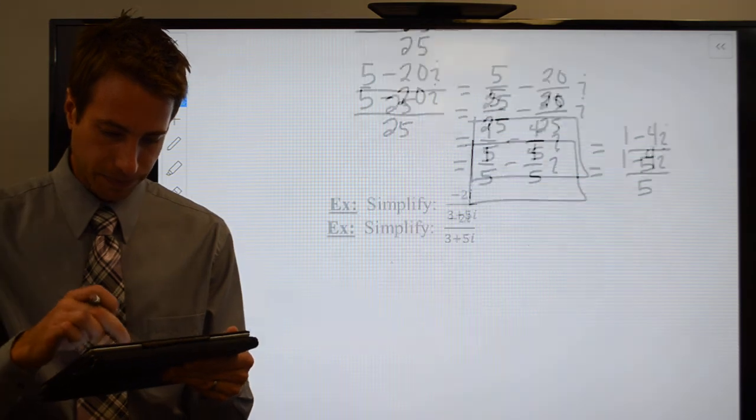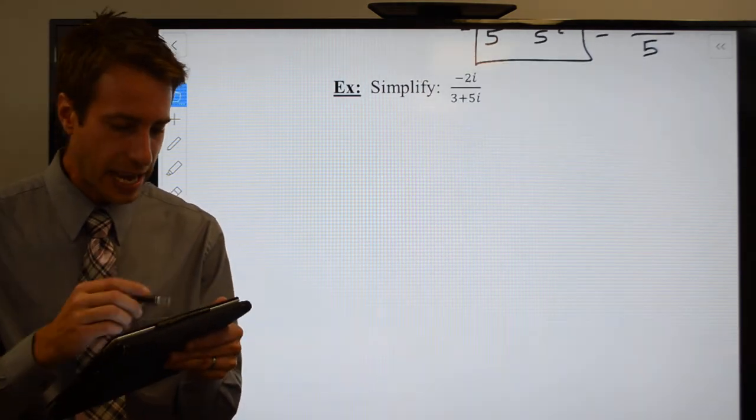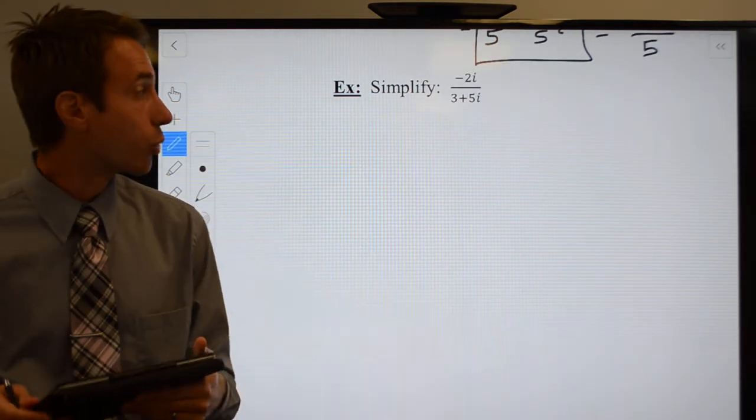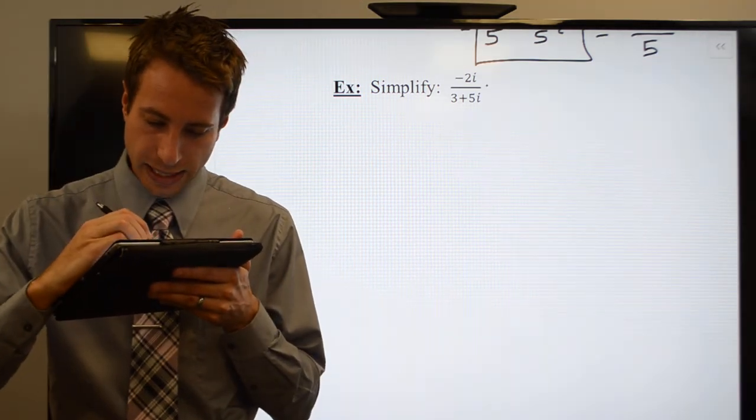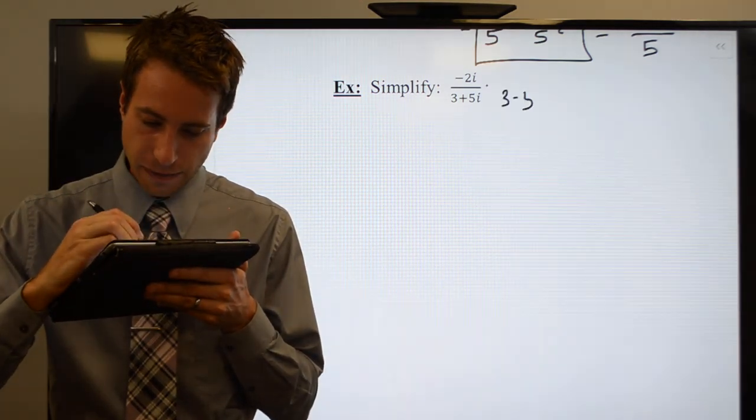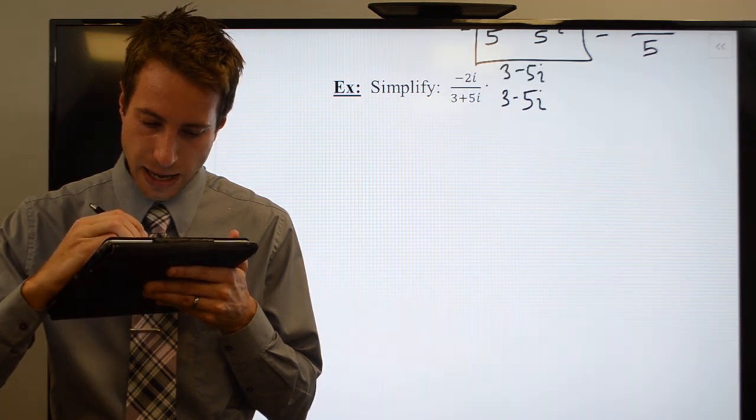Let's try another one. Once again, we are doing division, so we're going to multiply top and bottom by the complex conjugate, which in this case is going to be 3 minus 5i.